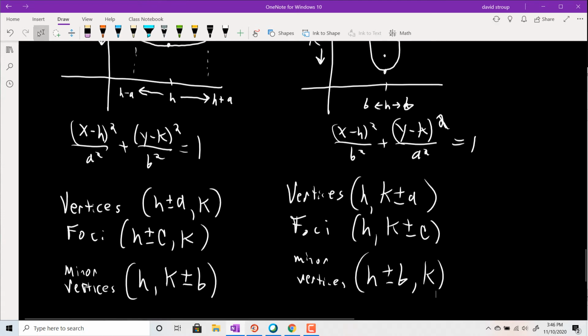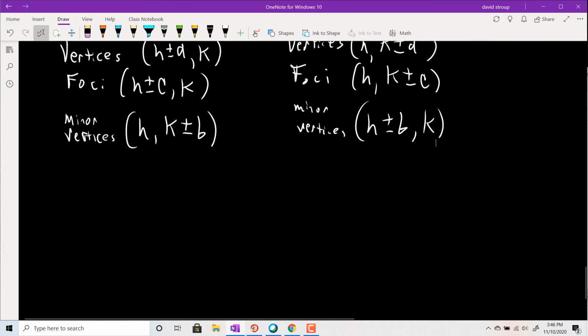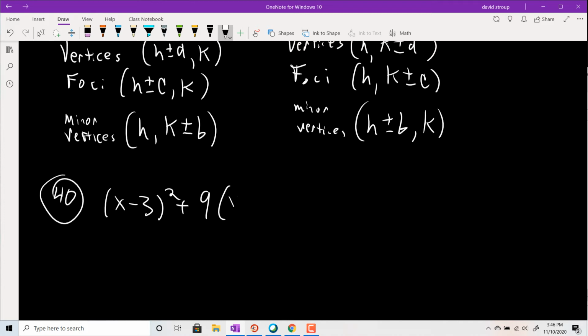All right. Okay, so let's try one or two of these types. So the first type is just graphing and locating the center, the vertices and the foci probably. So x minus 3 squared plus 9 times y plus 2 squared equals 18.